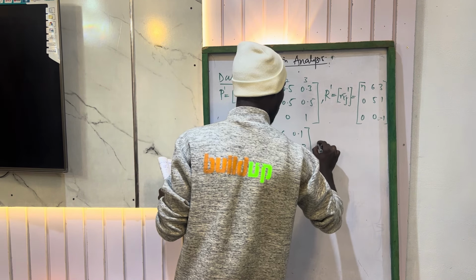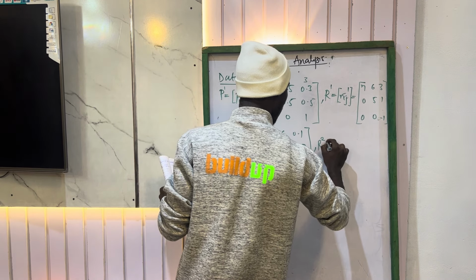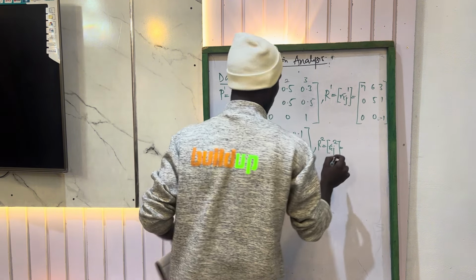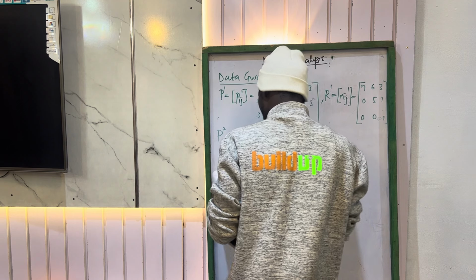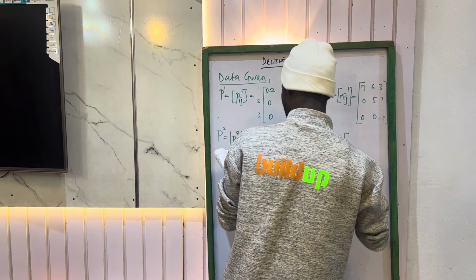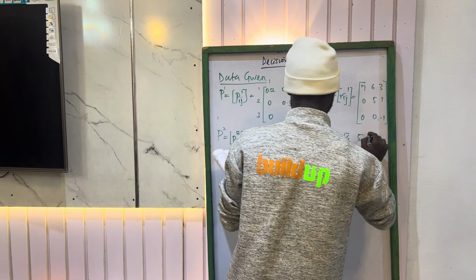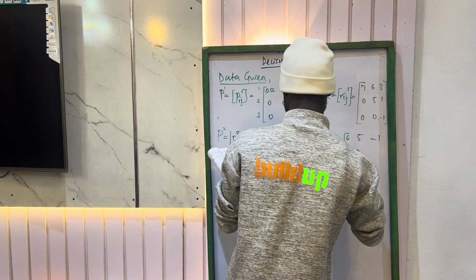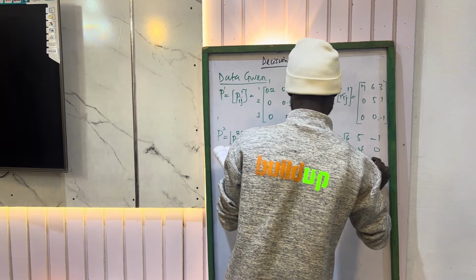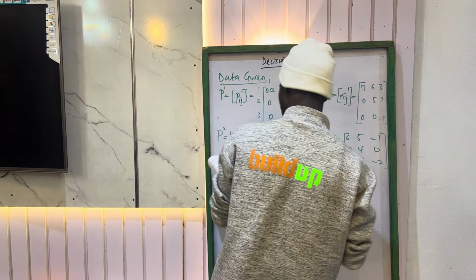So the return is equals to, I'm going to put the return on the board. 6, 5, -1, 7, 4, 0, 6, 3, -2. So this is the return.